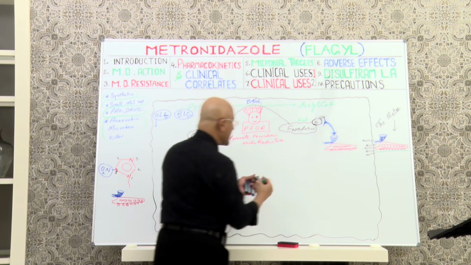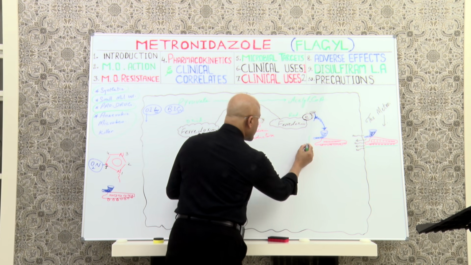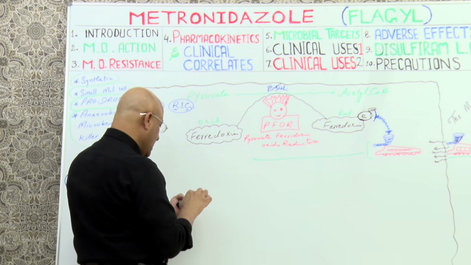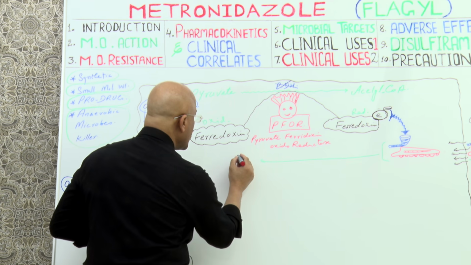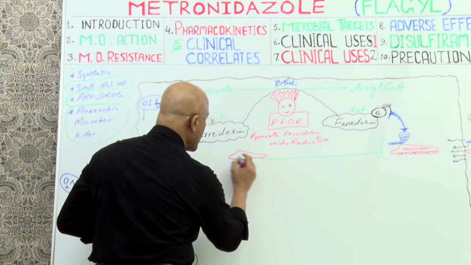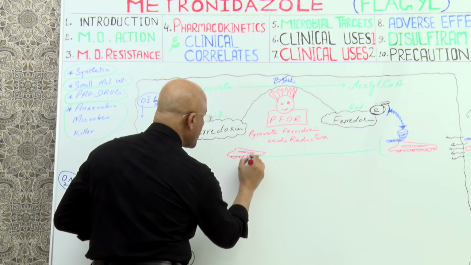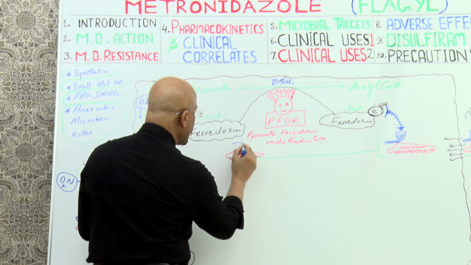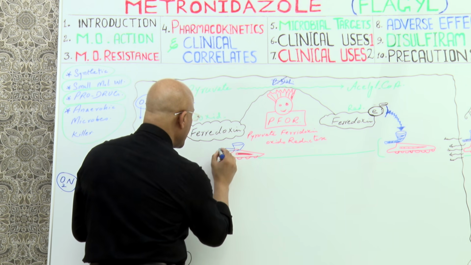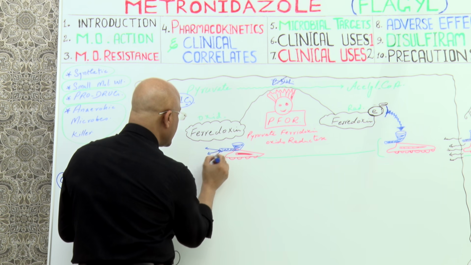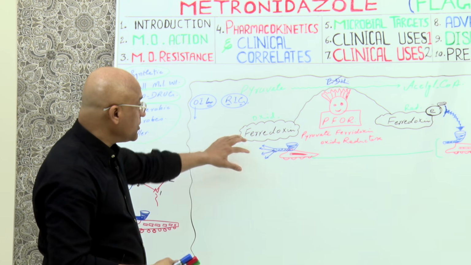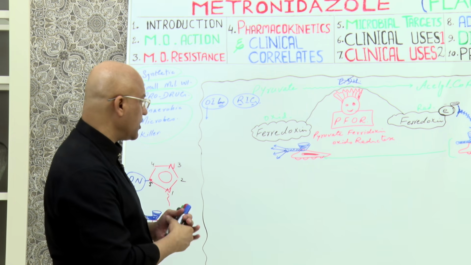So now this metronidazole, which is loaded with electrons, is now in reduced form. In reduced form, because it has electrons, it is highly reactive, and it is going to fire highly toxic compounds, intermediate toxic compounds. Now what are those compounds? Let me show you.